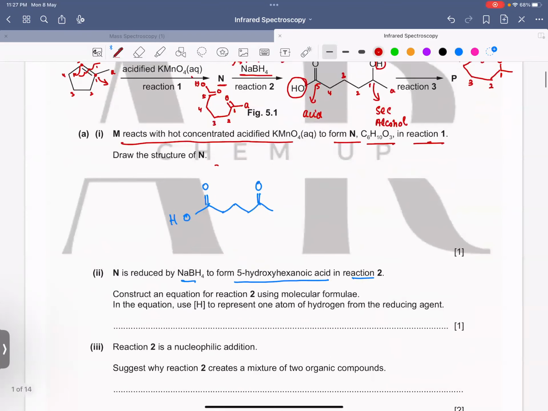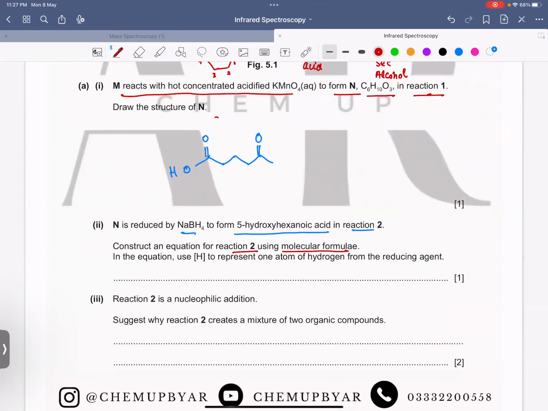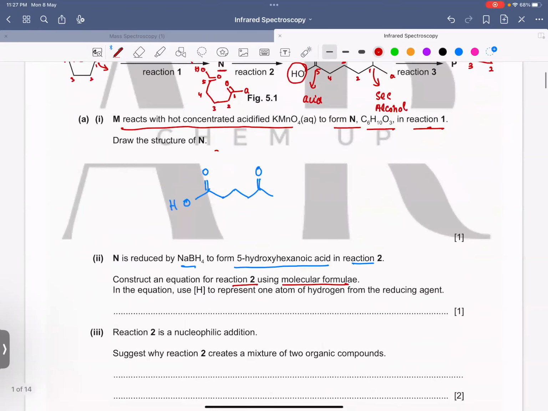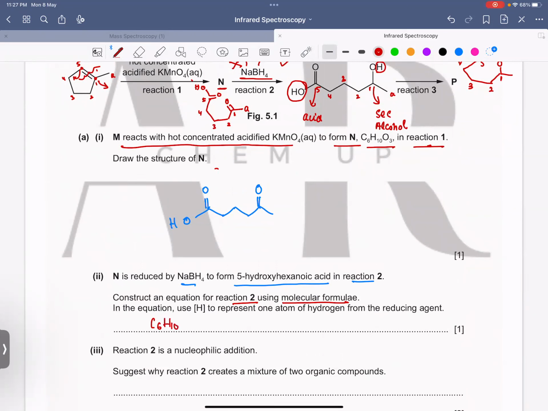Construct an equation for reaction 2 using molecular formula. Okay, so our reactant is C6H10O3, and here we are doing the reduction. And if you see in this reaction, the double bond O is turning into an alcohol, which means 2 hydrogens would be added over there, one with the O and one with the carbon.